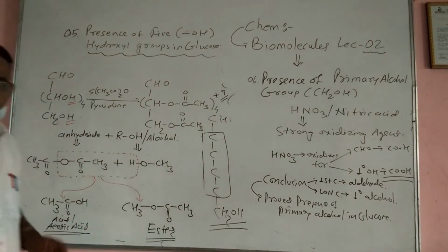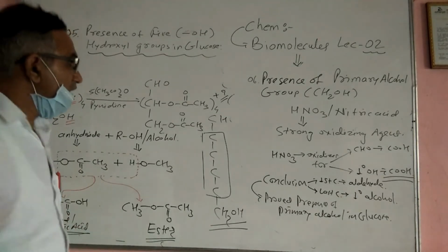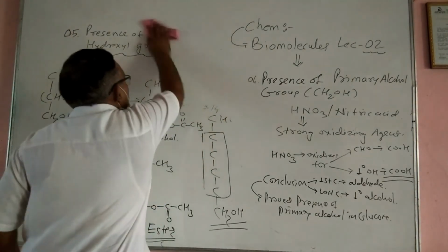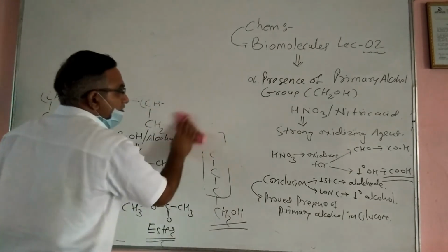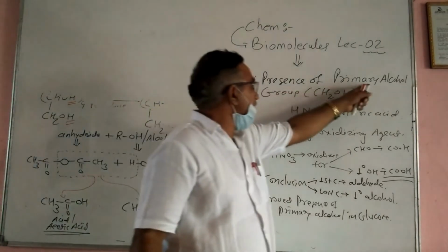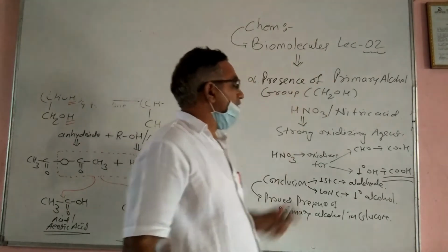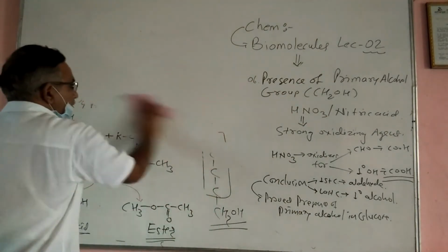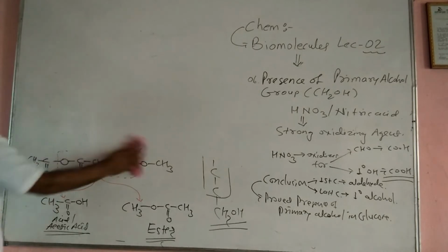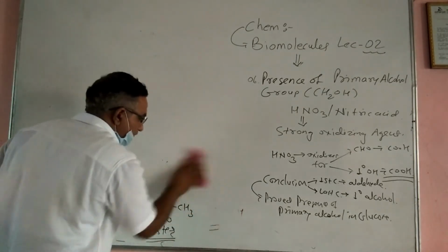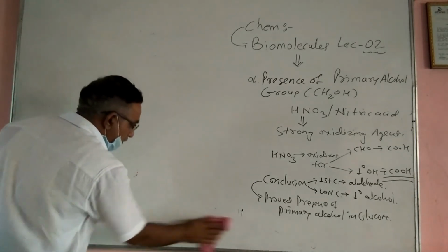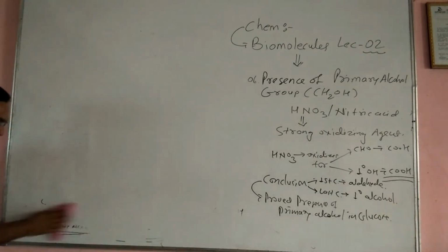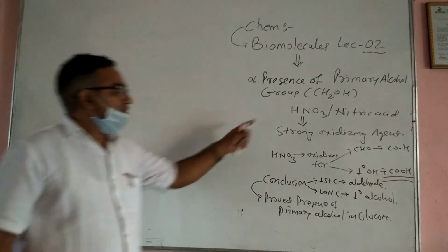Then after that, the last evidence is about the glucose structure, and that is the presence of a primary alcohol group. In the laboratory, you have to use a strong oxidizing agent like nitric acid.